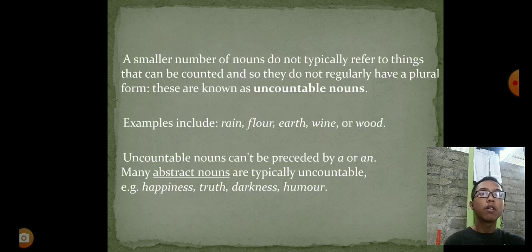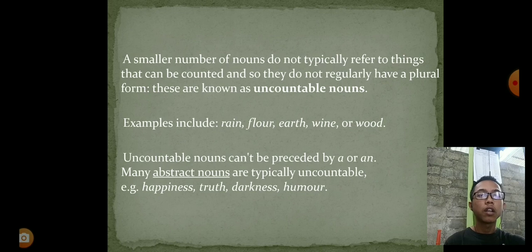A smaller number of nouns do not typically refer to things that can be counted, and so they do not regularly have a plural form. These are known as uncountable nouns. For example, rain, floor, earth, wine, or wood.